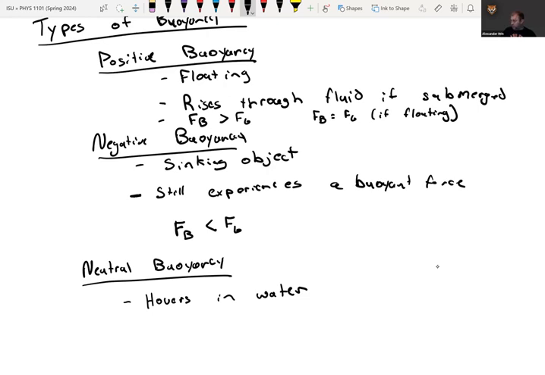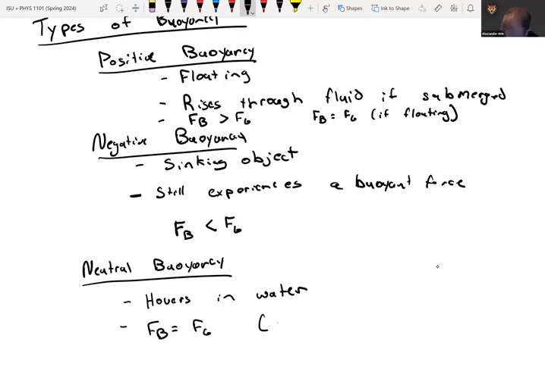But when you're scuba diving, you take air from your tank and you manually add it to your vest to inflate it or deflate it. You can remove air, and that will adjust your buoyancy. Okay, so that's what's going on. And in this case, the force of buoyancy is always equal to the force of gravity.